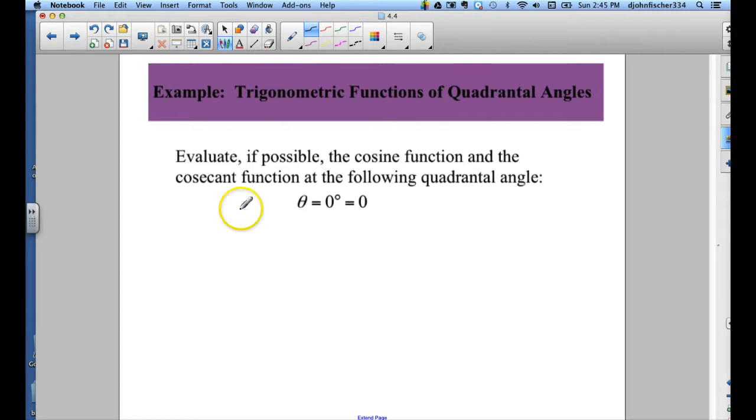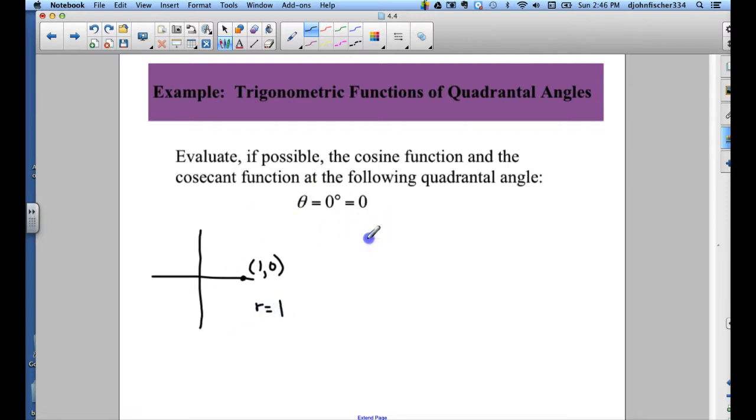Now, how about this? It says evaluate, if possible, the cosine function and the cosecant function at the following quadrantal angle. Okay, if we drew this in, quadrantal angle 0 degrees is right here. If we think of this point here as (1, 0) on the unit circle, and now if we do x squared plus y squared equals r squared, we're going to get r is equal to 1.